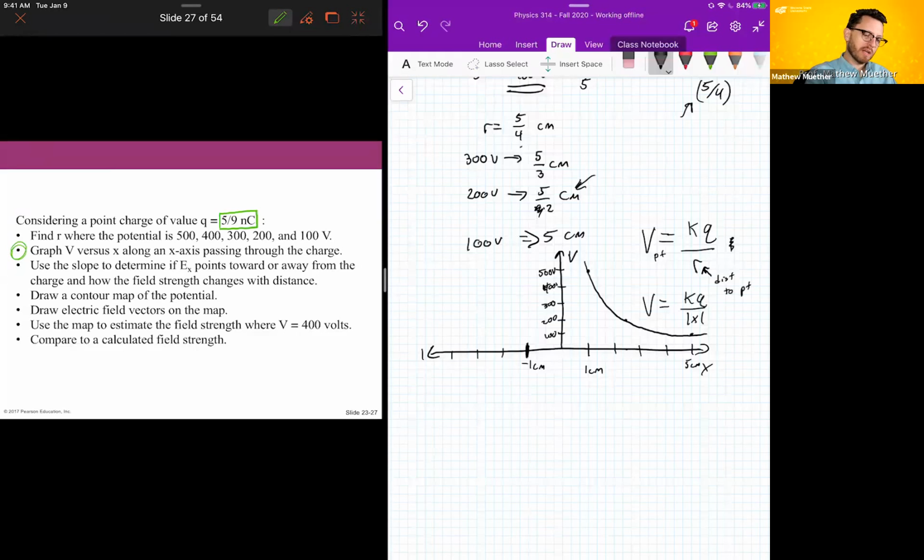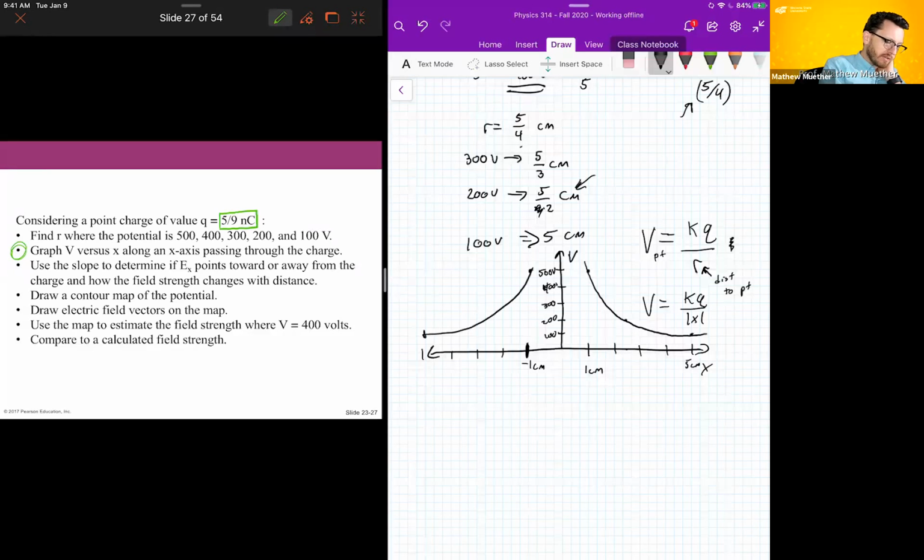So when I'm over here at negative 1 centimeter, I better still end up with 500 volts. And when I get negative 5 centimeters away, I better be down to 100. I get this 1 over R behavior mirrored across the y-axis. So on either side, as I'm approaching that central charge, the electric potential is growing, which is what we've seen before. It's uniform in the radial direction around it.